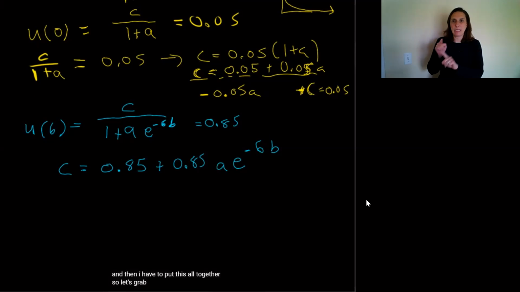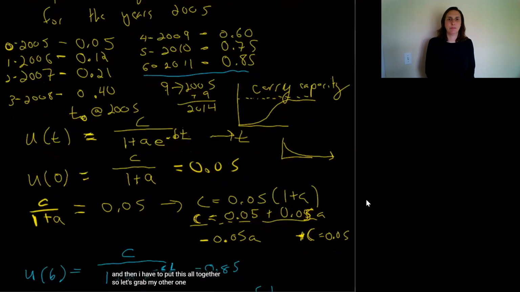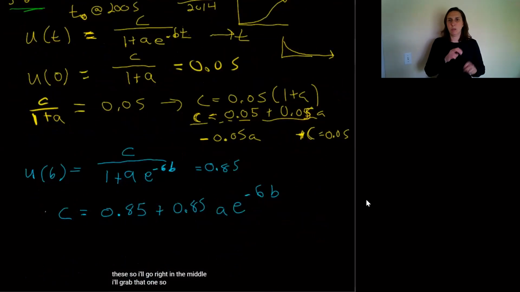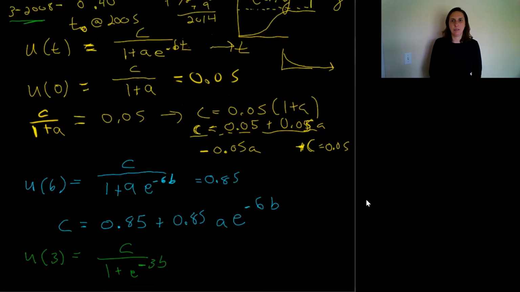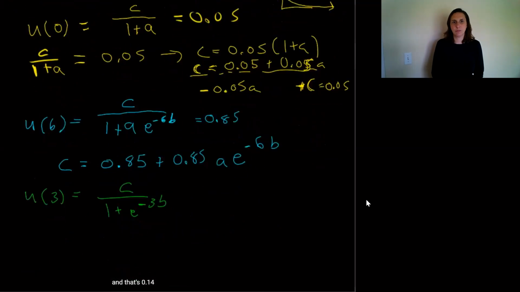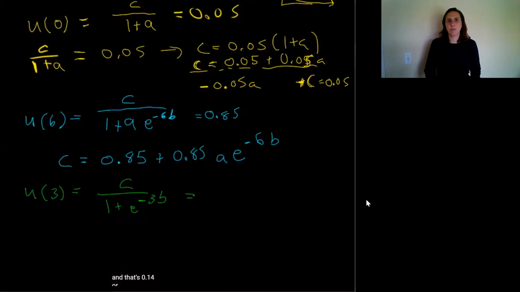So let's grab my other one. I think I'll go, let's see, there's 6 of these, so I'll go right in the middle. I'll grab that one. So I'll say u of 3 is equal to c over 1 plus a e to the negative 3b, and that's 0.40. Not 0.14, sorry. Writing things but saying them odd. I hate when I do that.